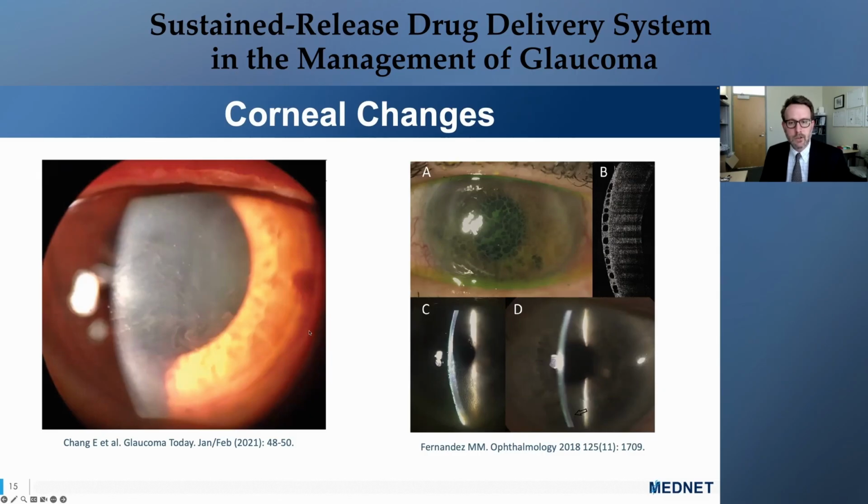Now, other corneal changes that are much more rare have been described with Rho kinase inhibitors, such as this honeycomb epithelial edema that can be seen sometimes with Rho kinase inhibitor administration. And this is visually significant, however, reversible when the Rho kinase inhibitors are stopped.